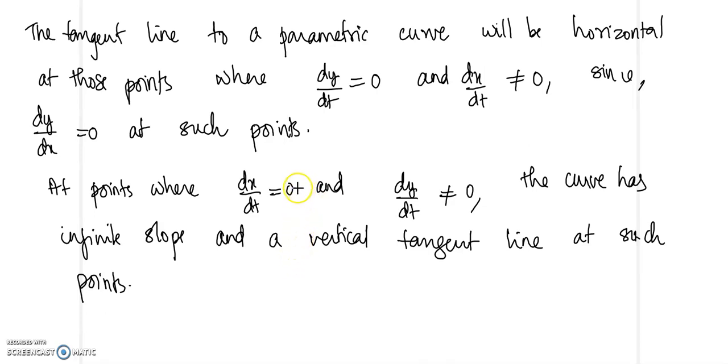At those points, we obtain a vertical tangent line. This is how we find the points where we have a horizontal tangent line and a vertical tangent line. Let us look at an example on finding the points where we have horizontal and vertical tangent.